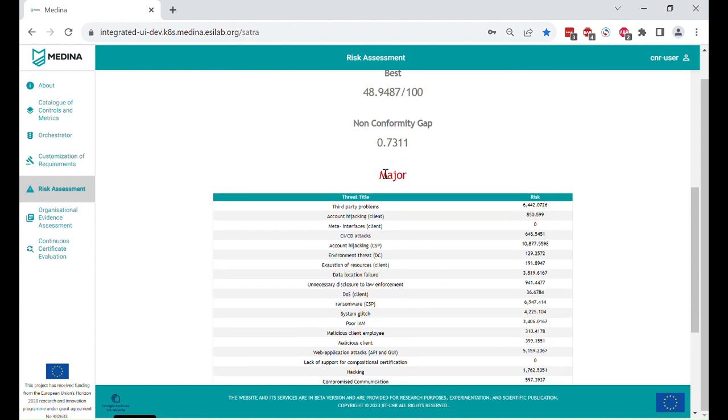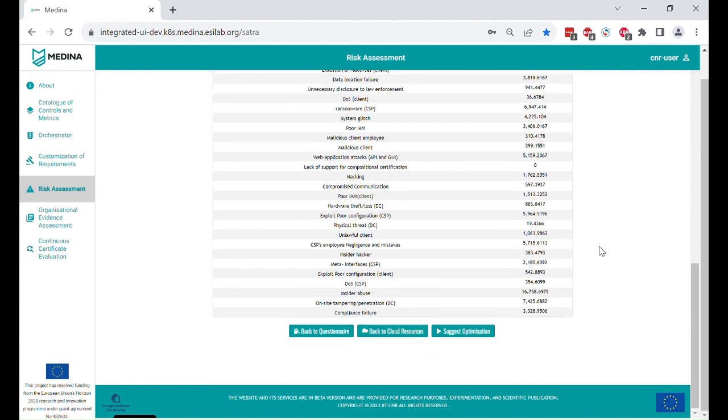But what is most important here is that right now we see major non-compliance, which means that it is hardly likely that this service could get the certificate. So what should the CSP do in order to improve its state?